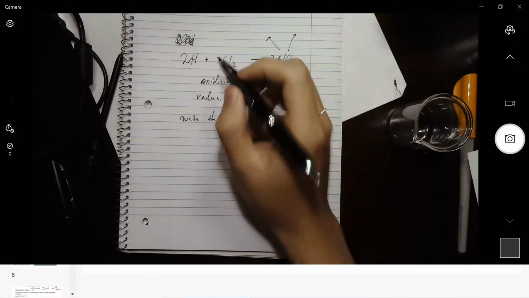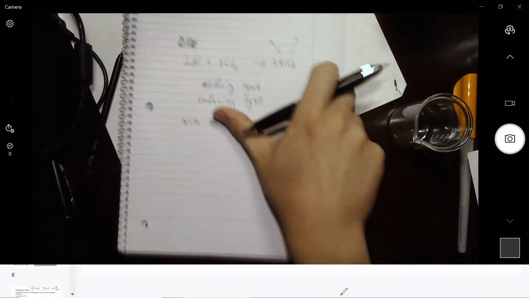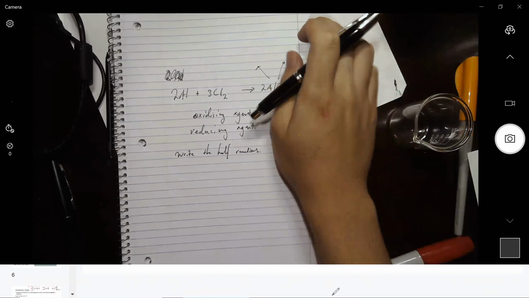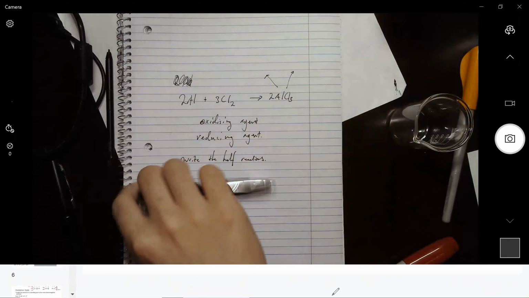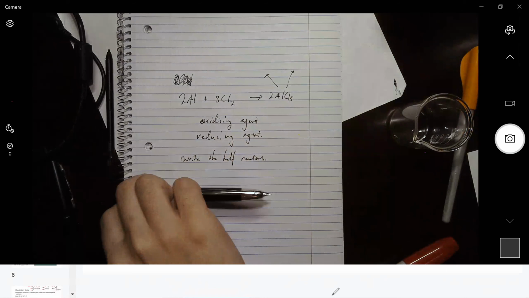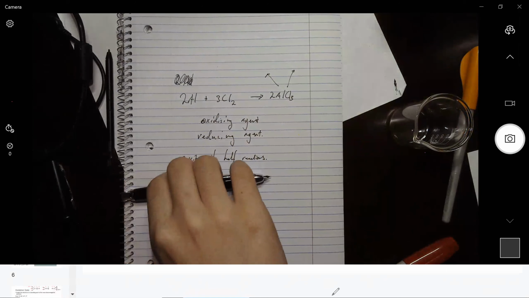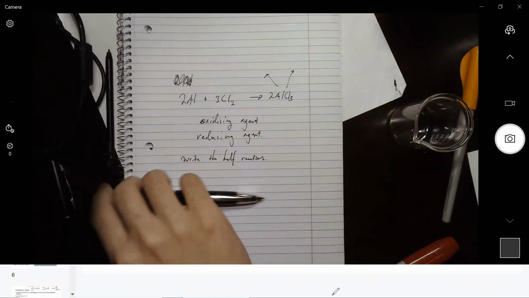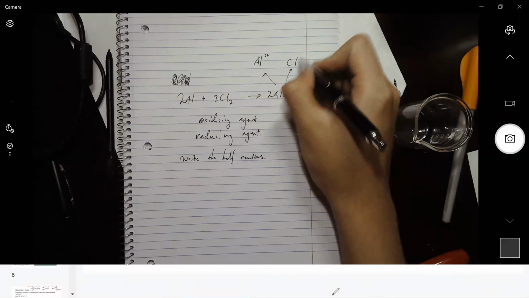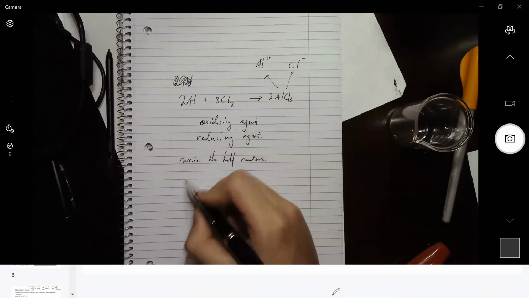Aluminum chloride. What ions are in this substance? Al3+ and Cl minus. So therefore, we have two reactions.